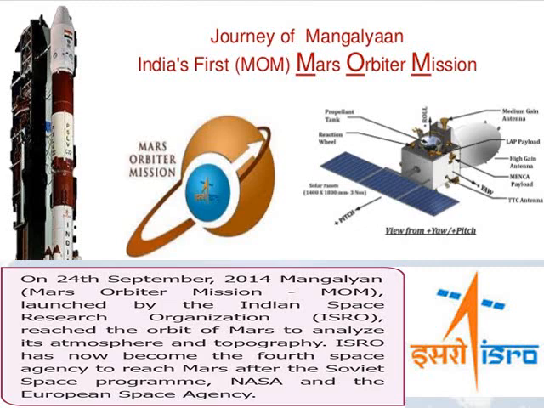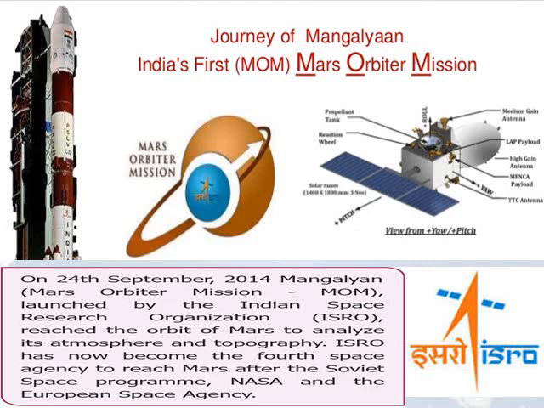Dear children, on 24th September 2014, Mangalyaan, that is Mars Orbiter Mission MOM, launched by the Indian Space Research Organization ISRO, reached the orbit of Mars to analyze its atmosphere and topography. Topography is the study of the forms and features of the land surface, looking for rivers, mountains, etc., the physical features.